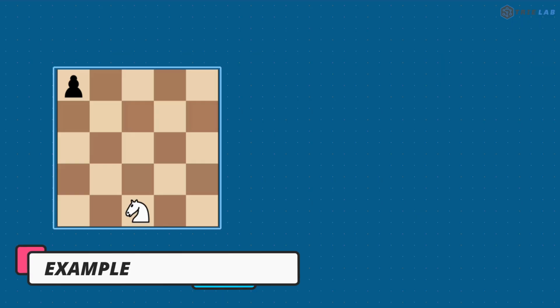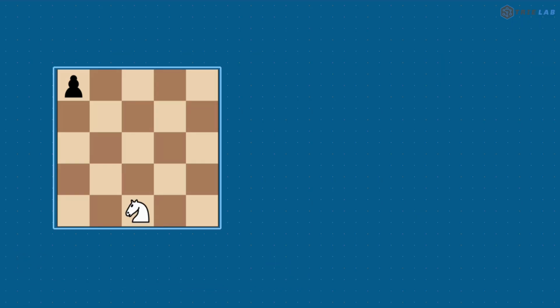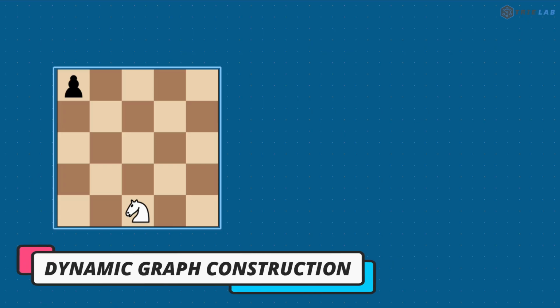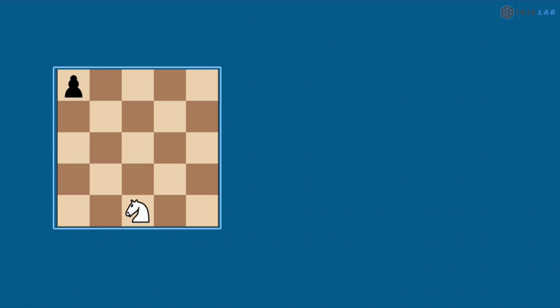Let's first take a small example on a bounded chessboard of size 5 x 5. We know that the chessboard cells can be represented using xy coordinates as we discussed, and we can create a graph where each node is a cell in the board and each edge represents a valid knight jump to a neighboring cell. We won't be constructing the entire graph up front. Instead, we will build it on the fly as the knight moves around the board.